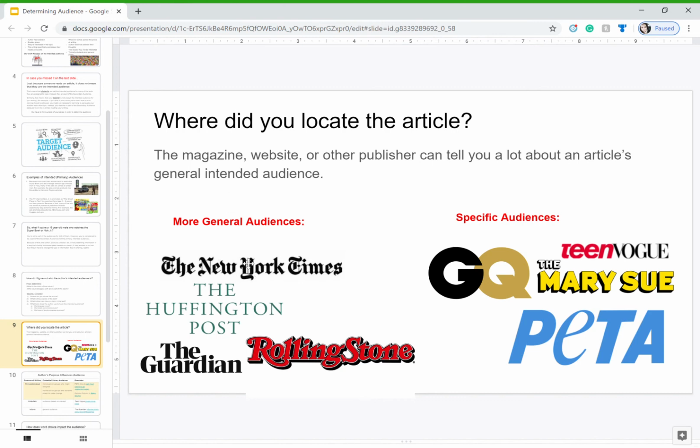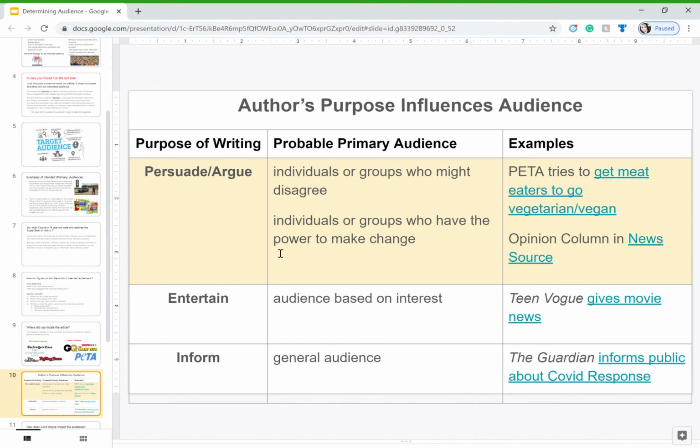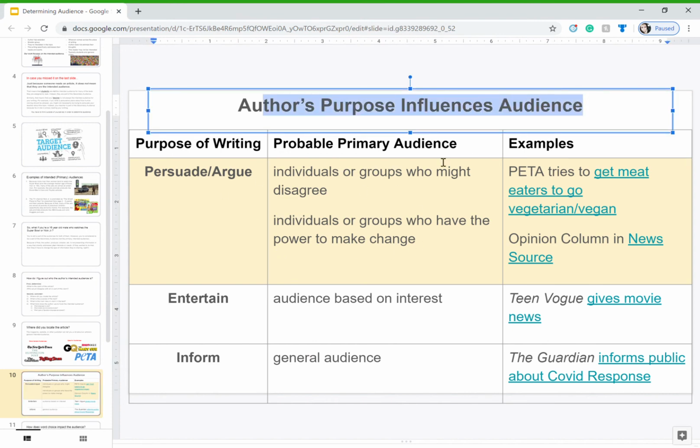The New York Times caters to a large variety of people. Teen Vogue probably only caters to teenage girls or people interested in fashion that are of young age. That is who they're geared towards. Feel free to look at this slide that analyzes author purpose and how that influences audience.